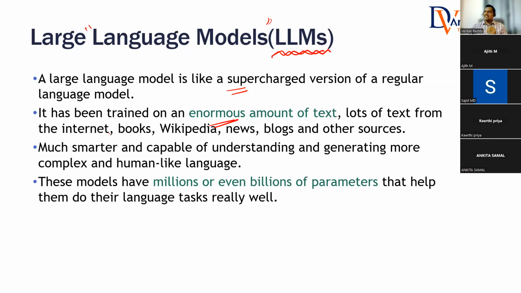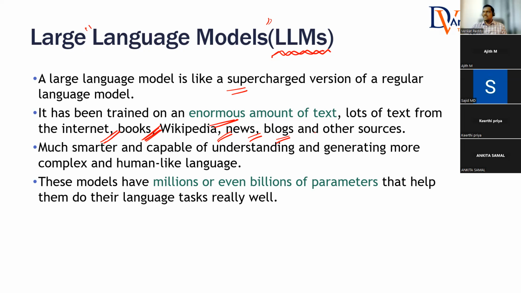The data used for building these models is internet data. Almost every book that is written until today has been scanned and used for building these large language models. Wikipedia, news articles, blog articles, every bit of source has been used.